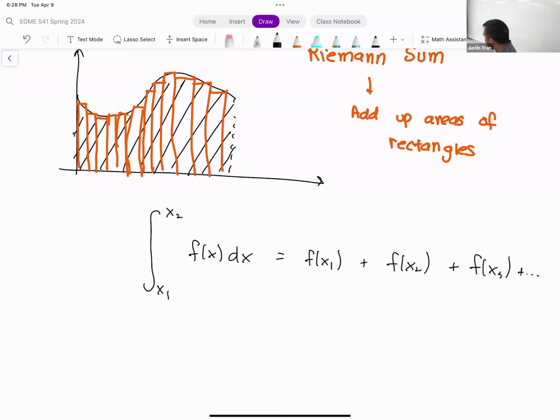And most importantly, you apply a weight to each of these terms, W1, W2, W3. In Riemann sums, those weights usually correspond to the width of the rectangle.